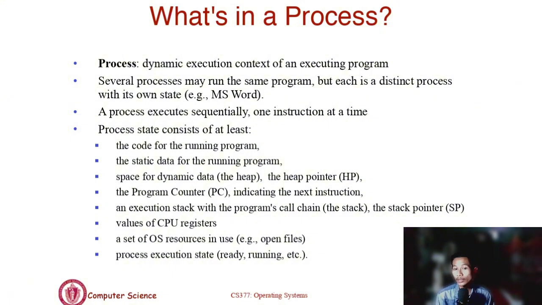It's important to note that several processes might run the same program, but each process is distinct with its own state. For example, multiple instances of a word processor like Microsoft Word might be running simultaneously, but each with its own set of data and execution state.